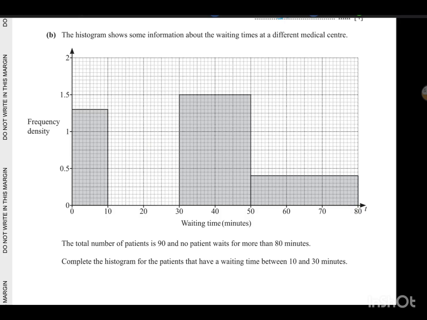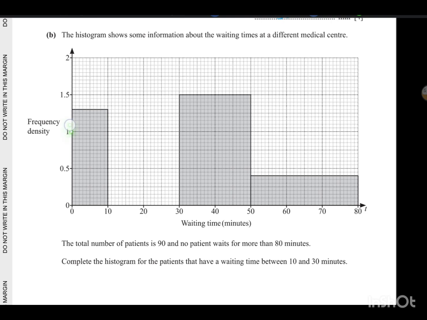We know the frequency densities of the other three classes. So for 0 to 10, the frequency density is in between 1 and 1.5. Now when you see these divisions from 0 to 0.5, 0.5 divided by 10 will be 0.05, so each box is 0.05.